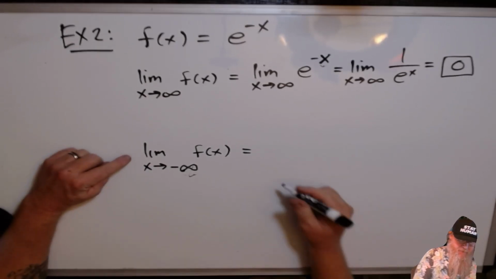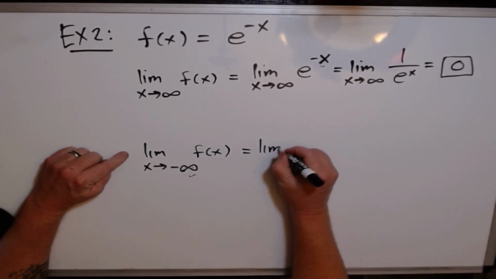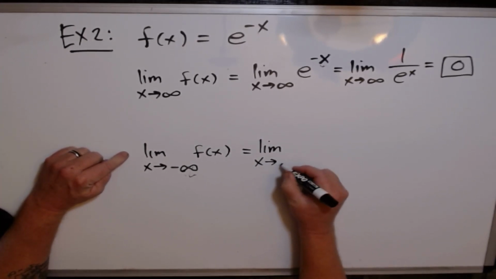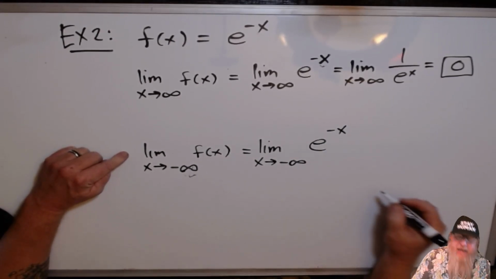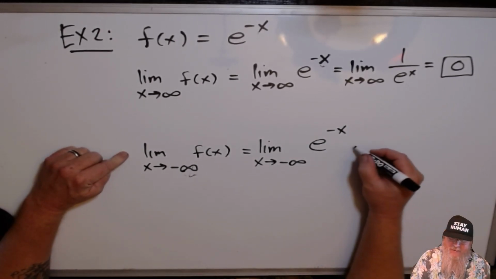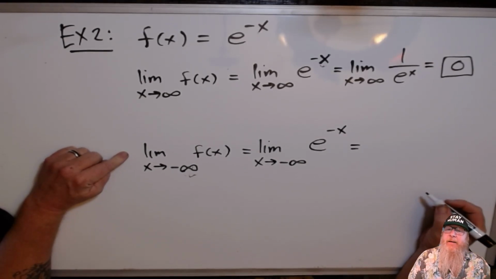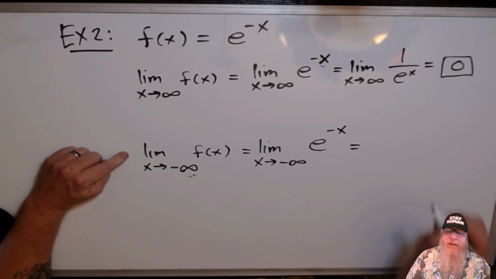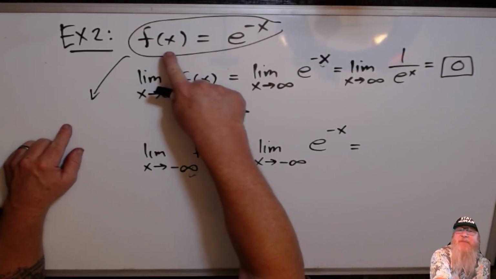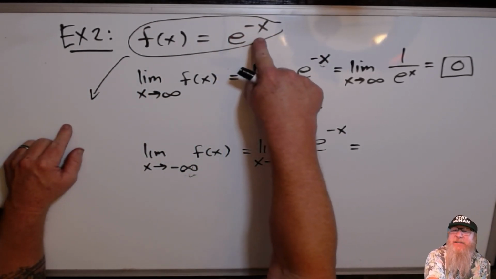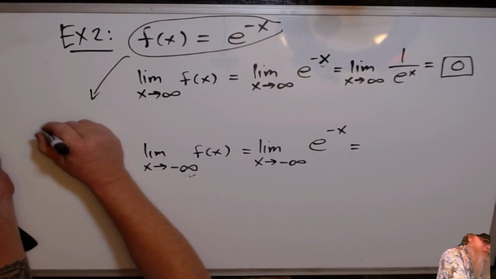Now watch this part. This is the tricky part here. This is the limit as x goes to negative infinity of e to the negative x. All right, so maybe I'll do a little scratch work here. This time f of x is defined to already have a negative.